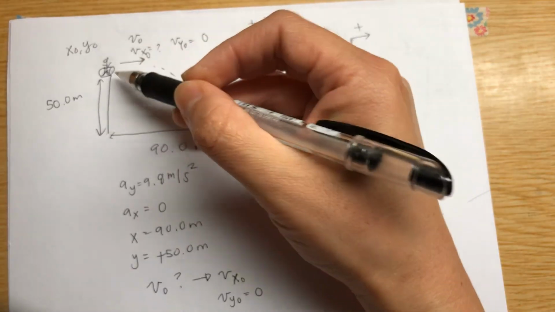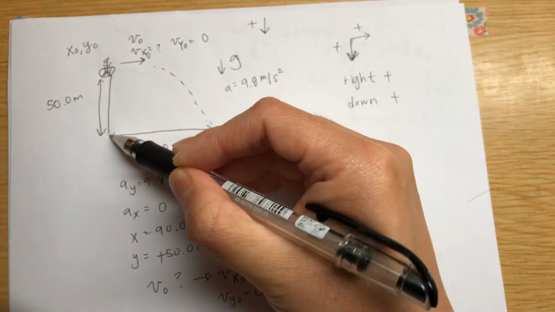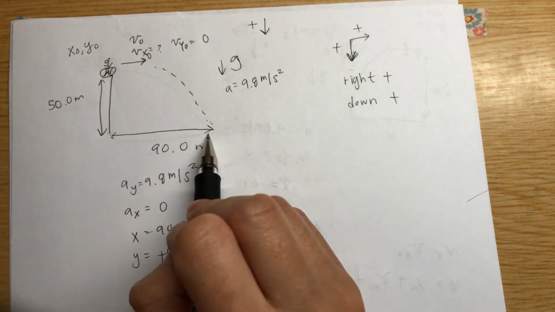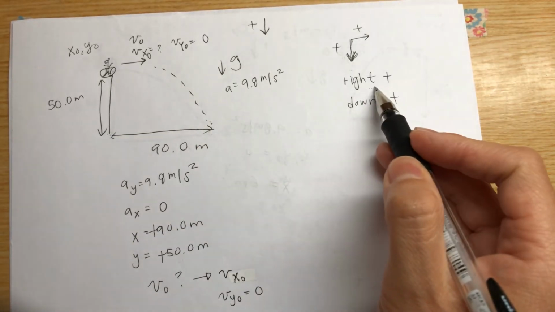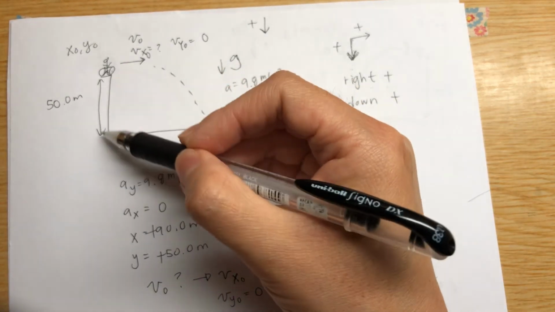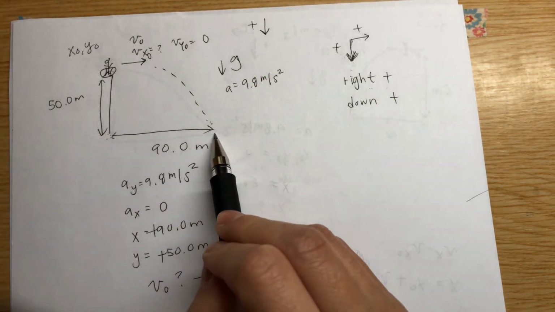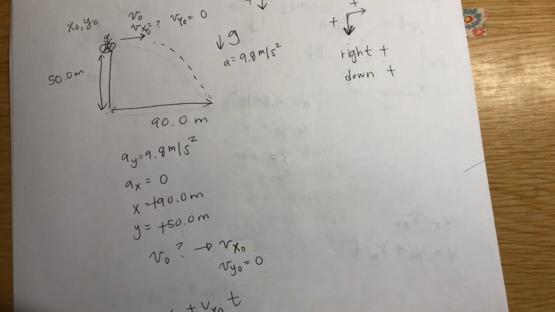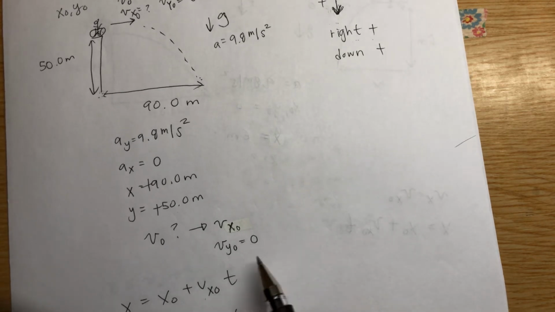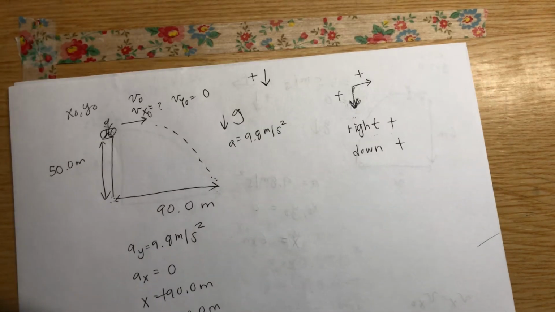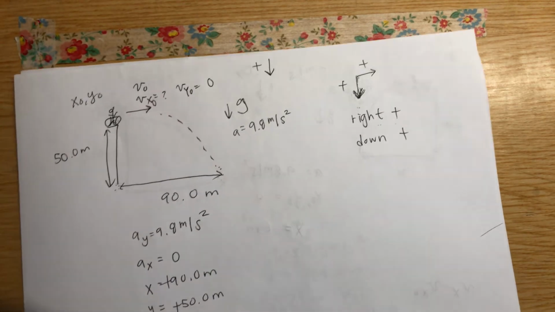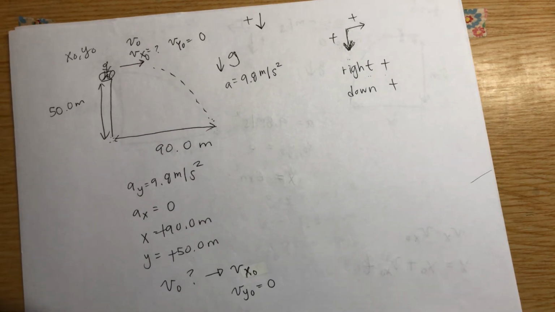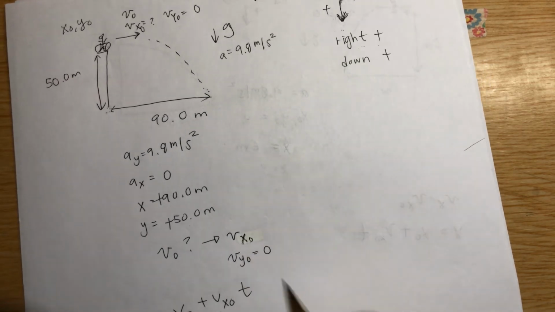I'm going down 50, positive, and then right 90, positive, because right is positive. Okay, so I want to find what V naught is. As I said, Vy naught is 0 because it says it's a horizontal initial speed. So I'm looking for Vx naught.